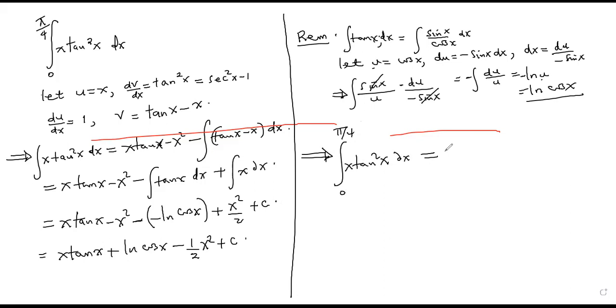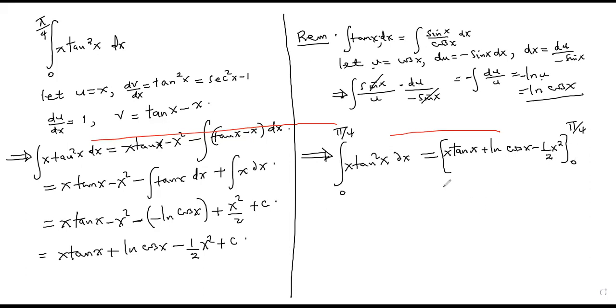It's going to be x tan x plus ln cos x minus a half x squared, then limits from 0 up to pi over 4.